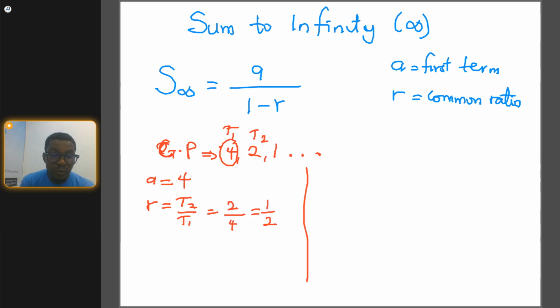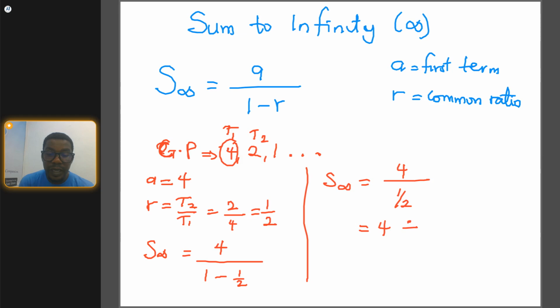Now bringing that to the formula, we have sum to infinity equals a, which is 4, over 1 minus 1 over 2. That is sum to infinity equals 4 over subtracting 1 over 2 from 1, that is 1 over 2, and that's the same as 4 divided by 1 over 2.